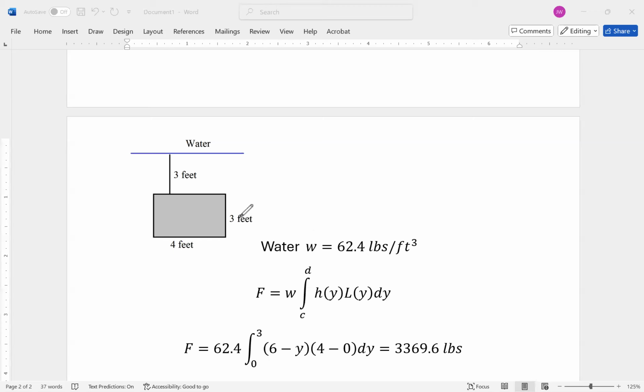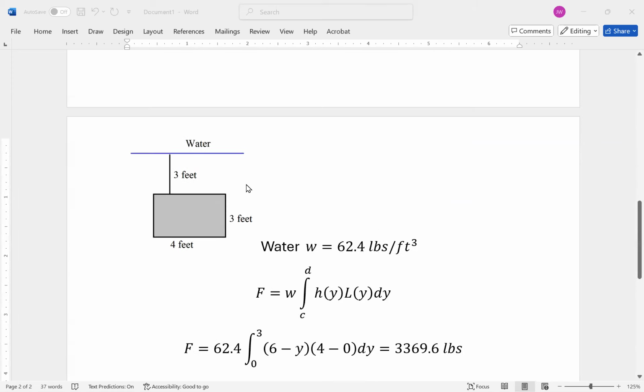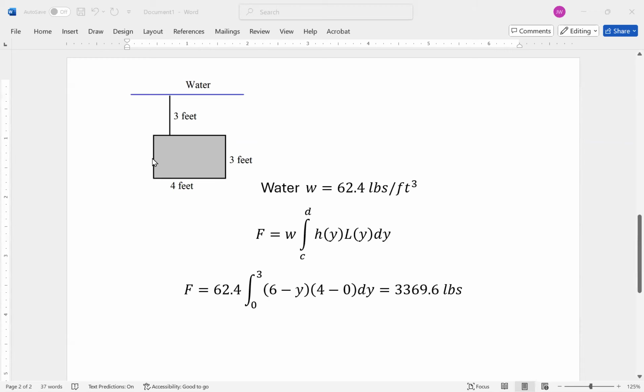Now, an interesting thing that I wanted to show you was the connection between this and our previous problem of submerging a horizontal object. This is a very nice object to submerge vertically and look at it horizontally as well. This object is symmetrical about the middle of that object.